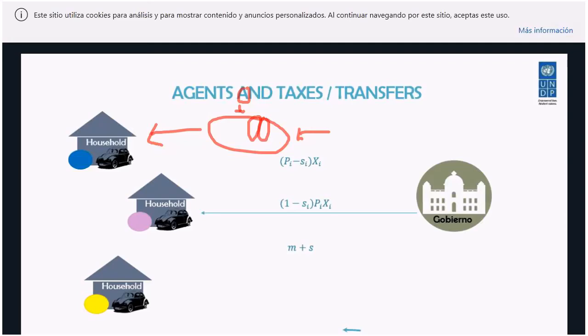Let's say 80% of the tariff will be covered by the government, and you, the household, will pay only 20%. So it is a different representation, right? As a percentage, because this represents a proportion, right?